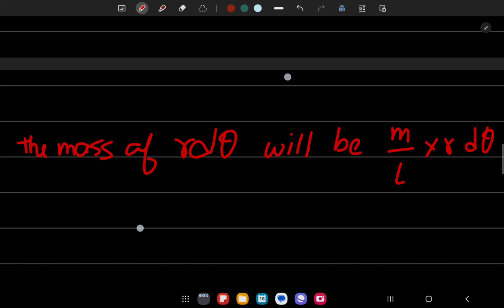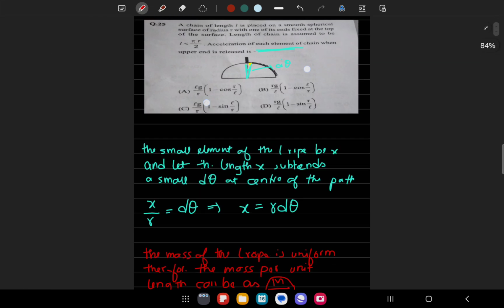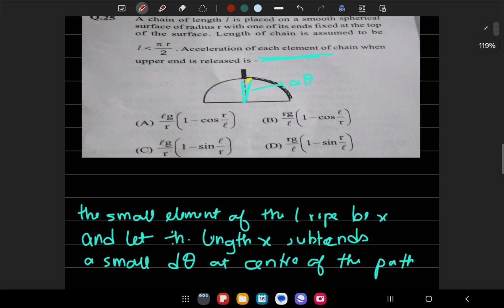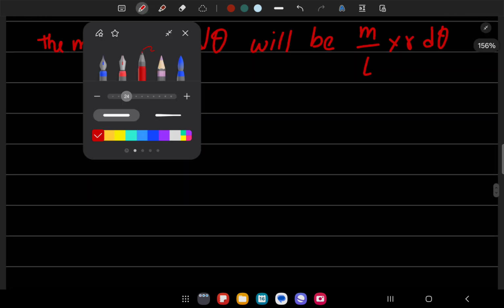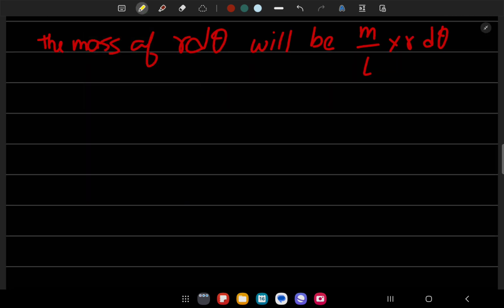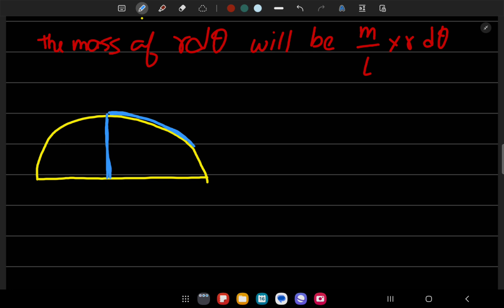Now we will look into another concept in the diagram. There is a semicircle like this, and the rope is placed like this. g will always be acting downwards.